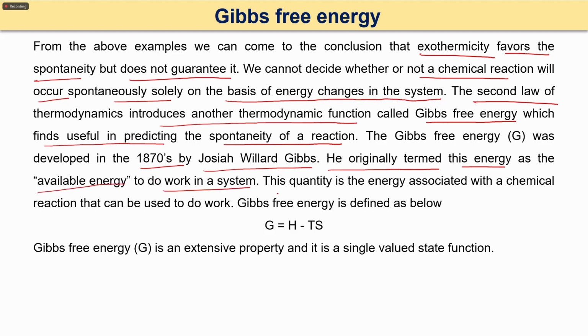This quantity is the energy associated with the chemical reaction that can be used to do work, and it is defined as G equal to H minus T S. H is enthalpy, T is temperature, and S is entropy. Gibbs free energy is an extensive property, so you can add or subtract it, and it is a single valued state function.